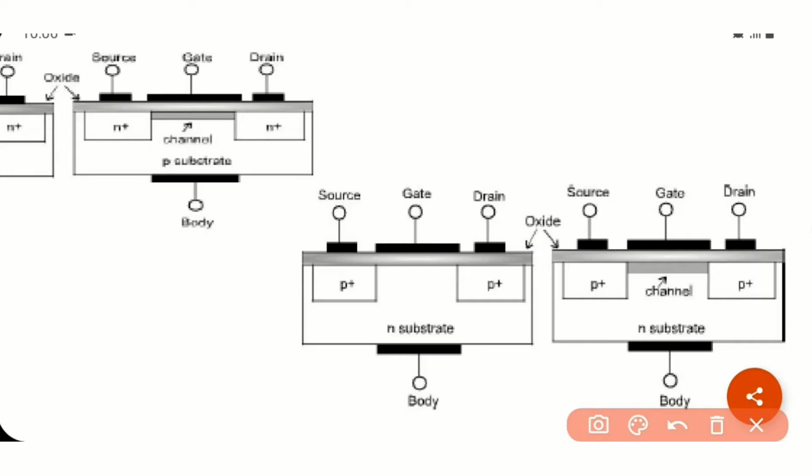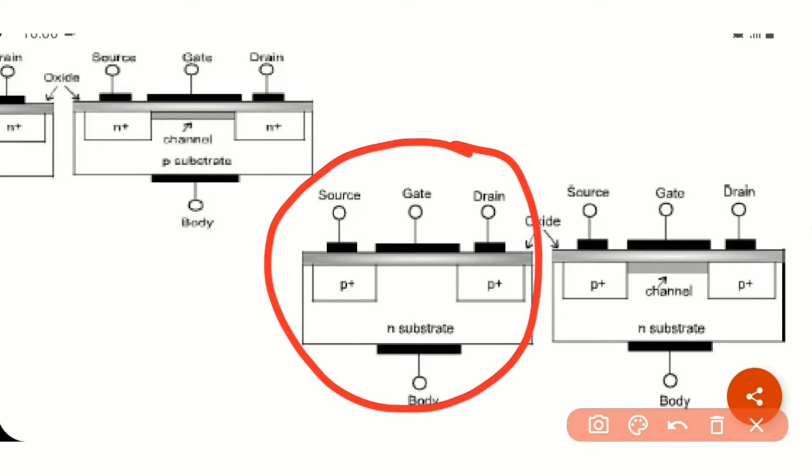So what happens in the PMOS enhancement mode? The substrate is of N-type material and the source and the drain diffusions are consequently P-type. Another is the application of negative voltage.